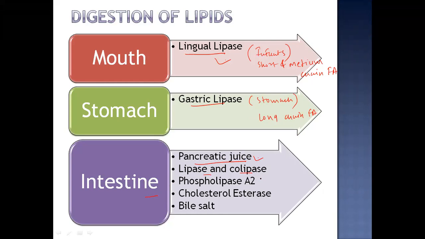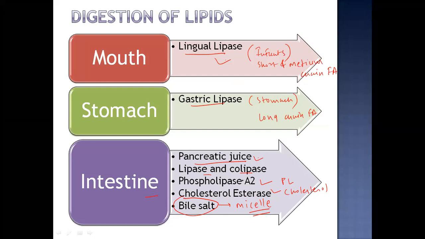Apart from this, pancreatic juice will also contain phospholipase A2 and cholesterol esterase. So they will act correspondingly on phospholipids and cholesterols. Apart from this, we require the help of bile salt in the micelle formation. Details about it we will discuss as we discuss this particular topic.